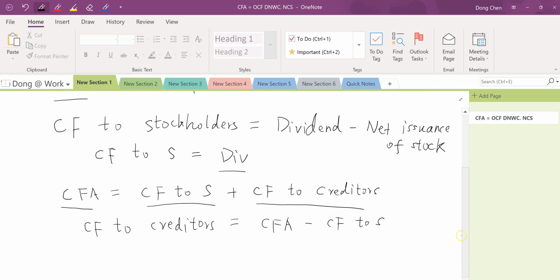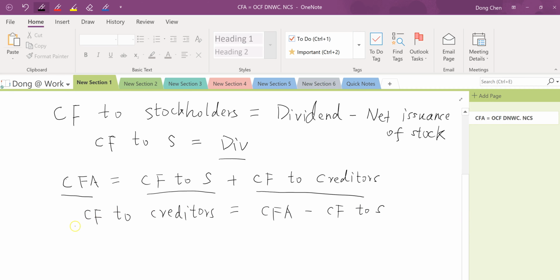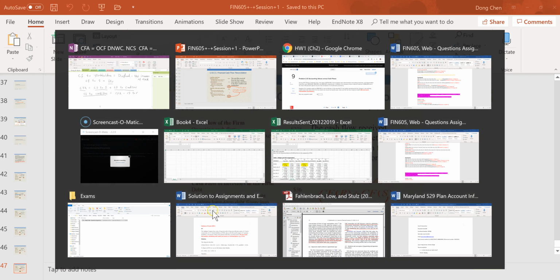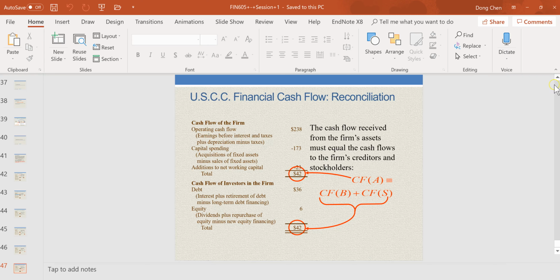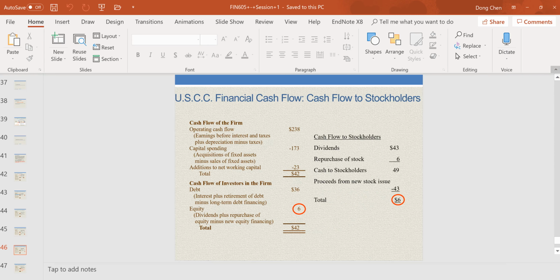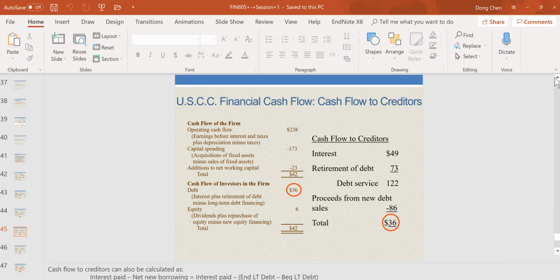So why do I care about this cash flow to creditors? Because if you go to my lecture slides again, cash flow to creditors can also be, actually this is the most common approach given the information from the financial statements, the sum of, in this case it's the sum, but in most cases it should be the difference.